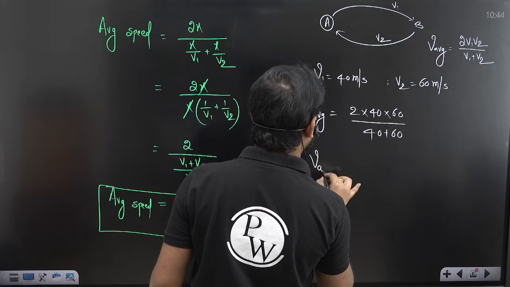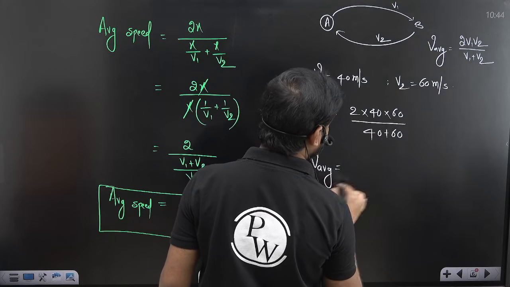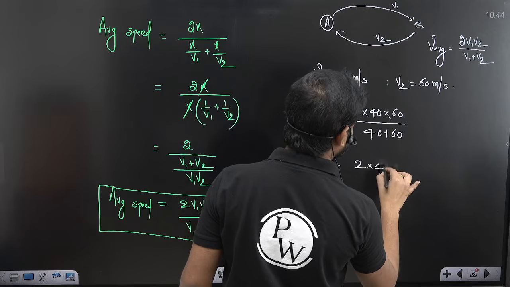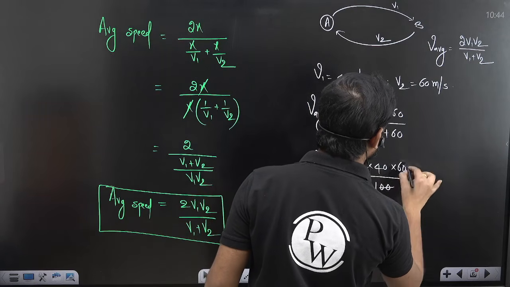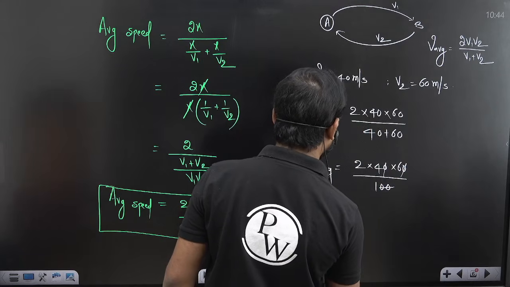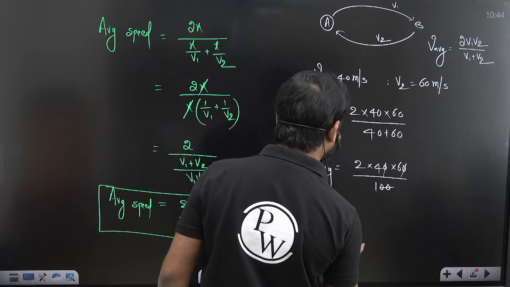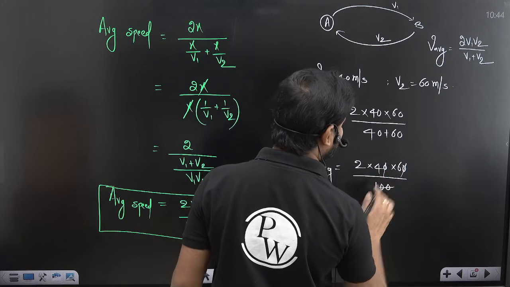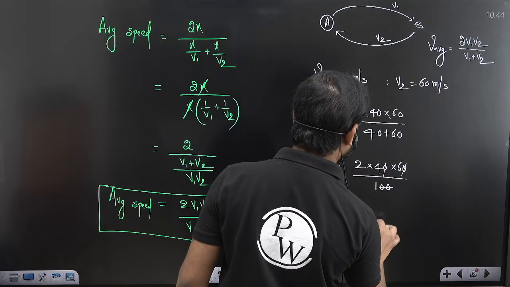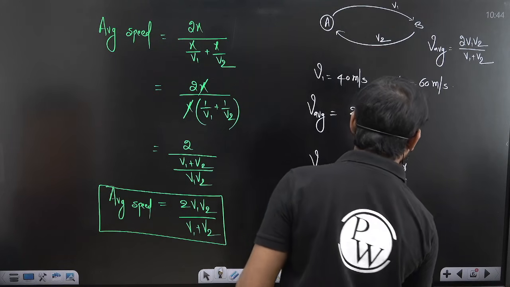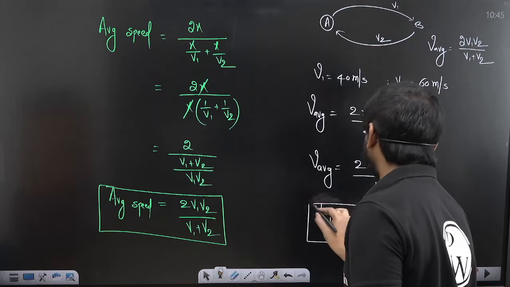So the V average is equal to 2 into 40 into 60 by 100. Then two zeros cancel. So the V average is equal to, 2 4s are 8, 8 6s are 48. So 48 meter per second is the final answer.